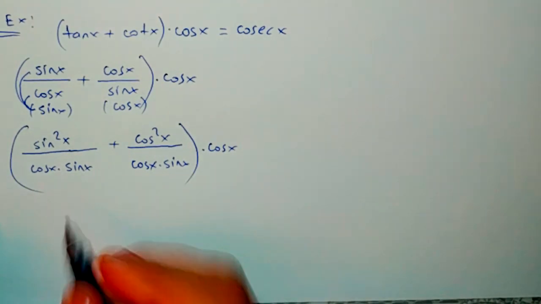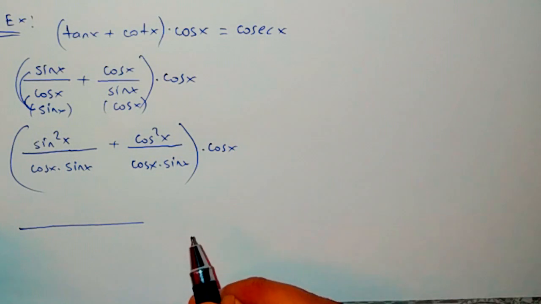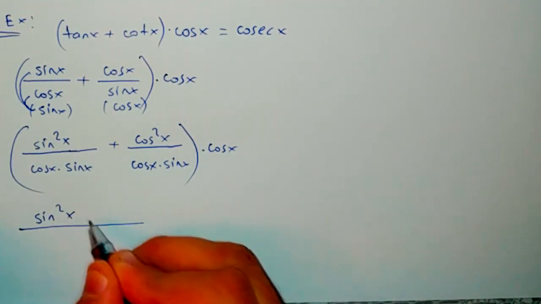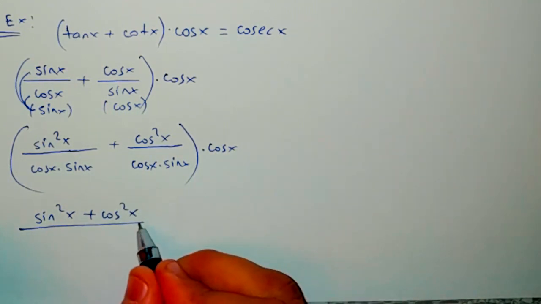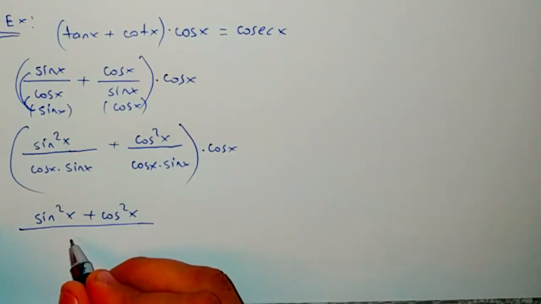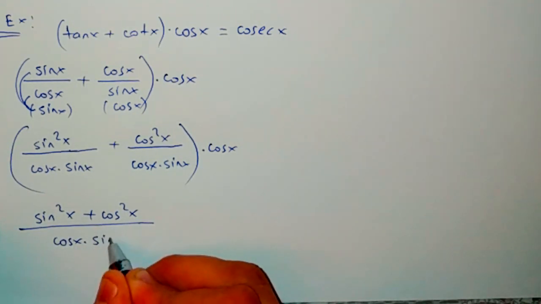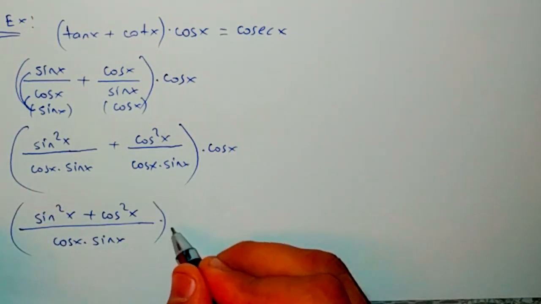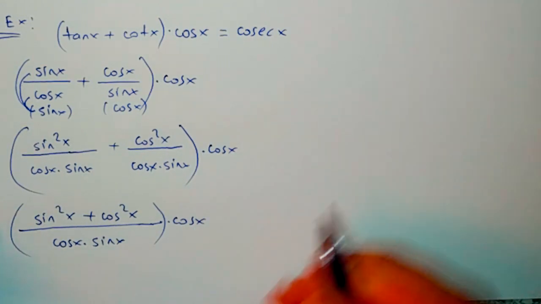So now I have equal denominators, and I can easily add numerators like sine square x plus cosine square x. And the denominator is cosine x multiplied by sine x, and this is multiplied again by cosine x.